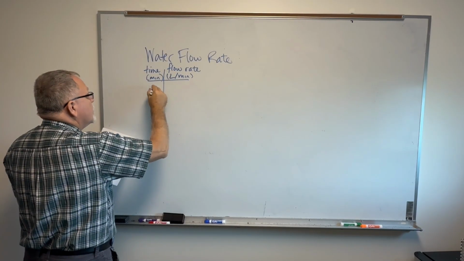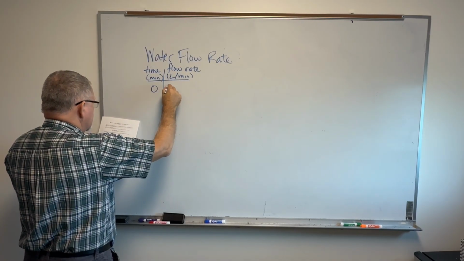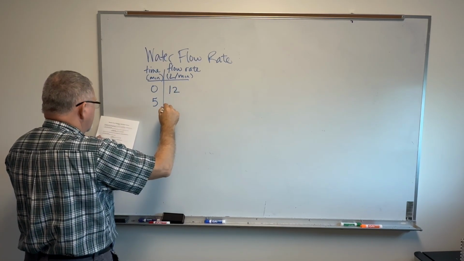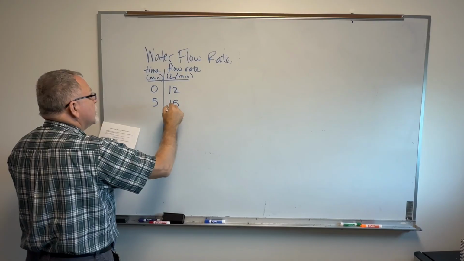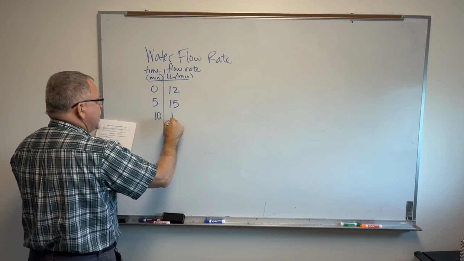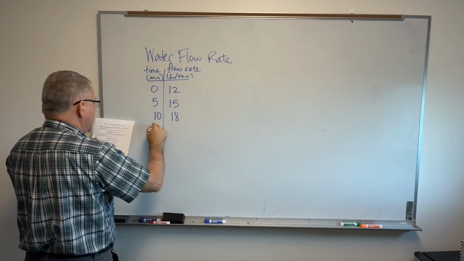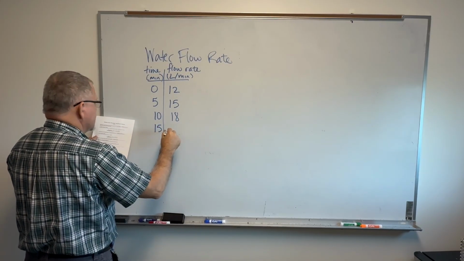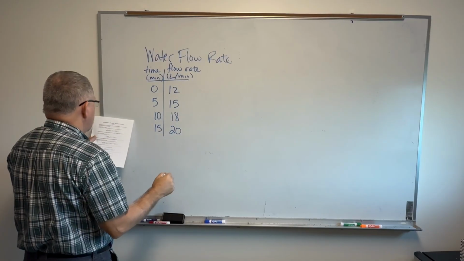At time 0, the flow rate is 12 liters per minute. 5 minutes in, the flow rate is 15 liters per minute. 10 minutes in, the flow rate is 18 liters per minute. 15 minutes in, the flow rate is 20 liters per minute.